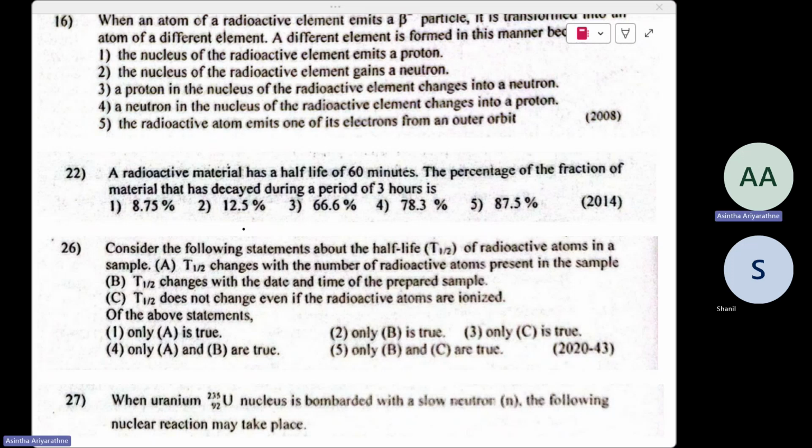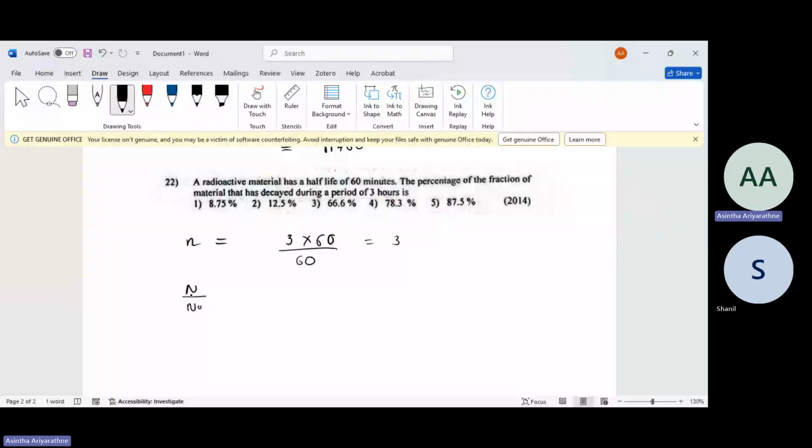So how many half-lives are there? 3. And 3 half-lives have passed. Then N naught over 2 to the power 3 is 8.